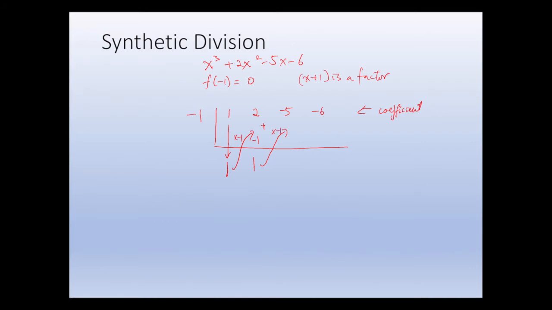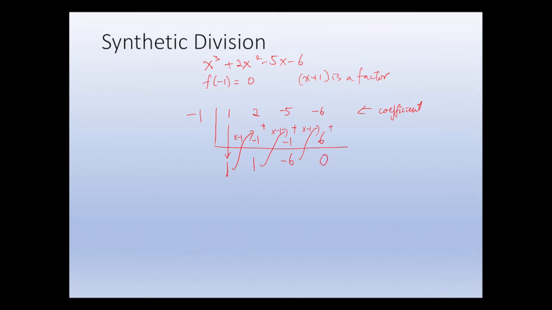And then we add. 2 plus minus 1 will give me 1. Repeat the same process again. Multiply 1 by minus 1. So minus 1 times 1 is minus 1. And then you add minus 5 plus minus 1. That will give me minus 6.